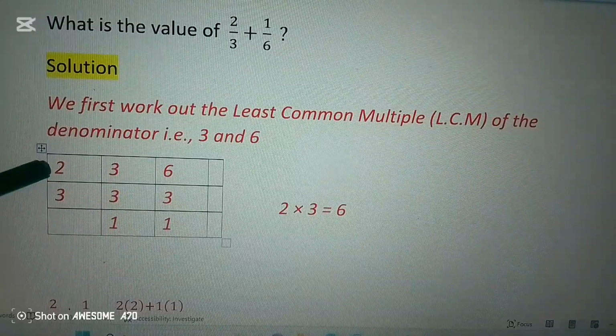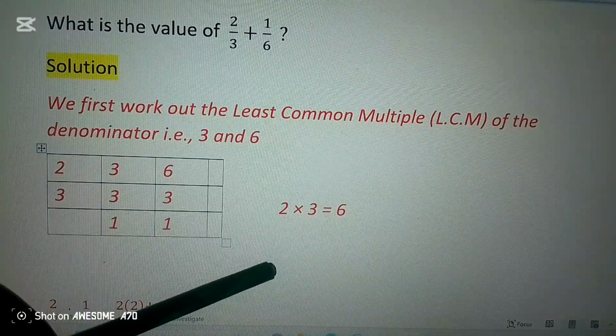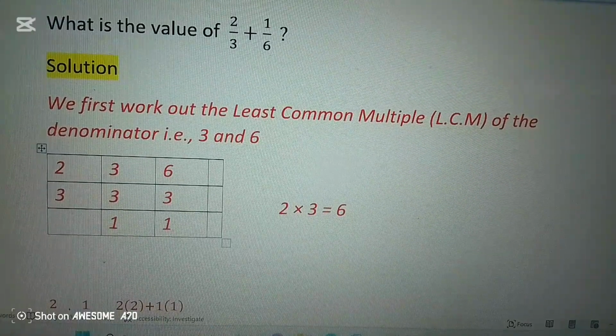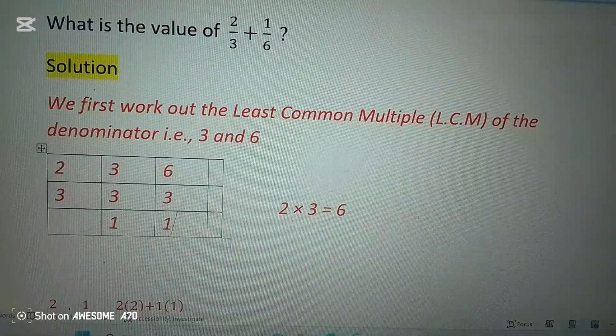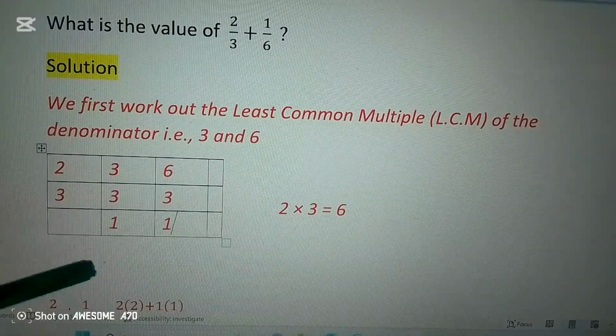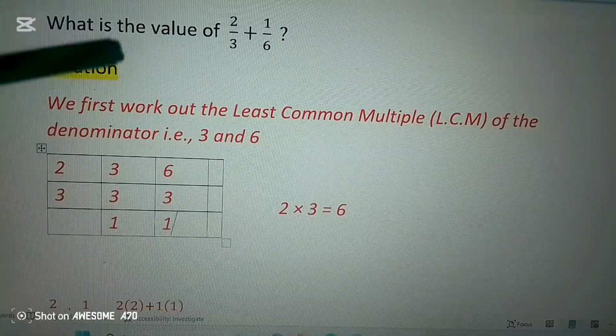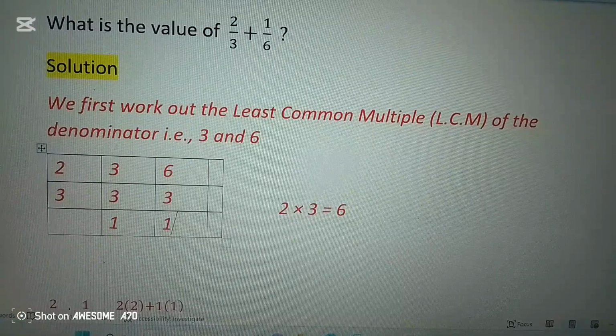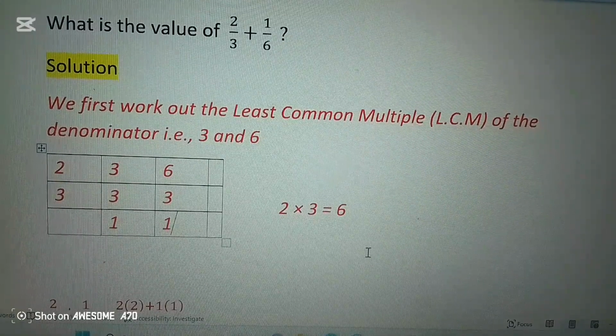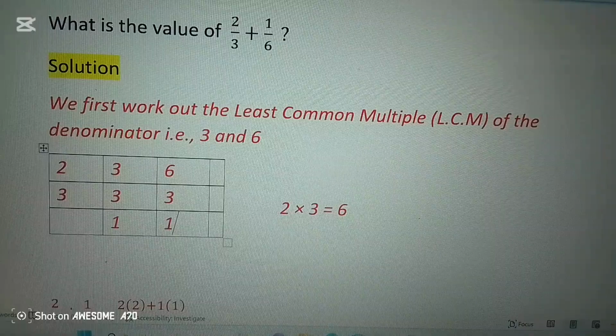So the LCM we're going to have is 2 times 3, which is 6. So we have our LCM, which is 6, for 2 over 3 plus 1 over 6.